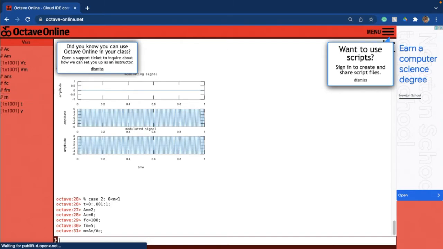Now let's talk about the modulating signal's instantaneous value, which we had already done in the previous graph.